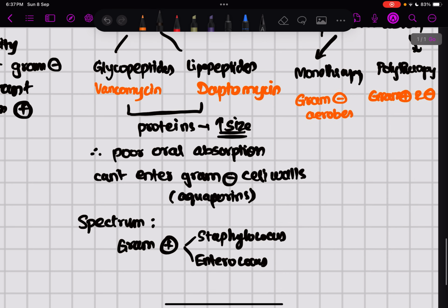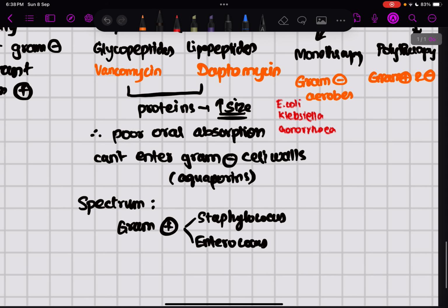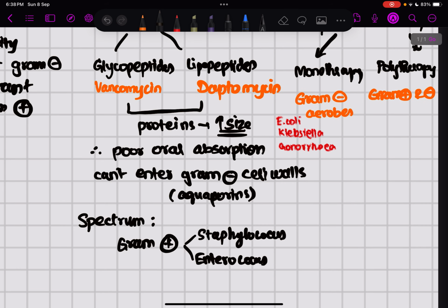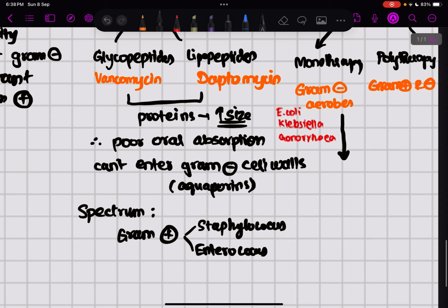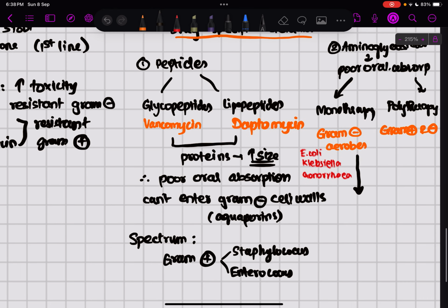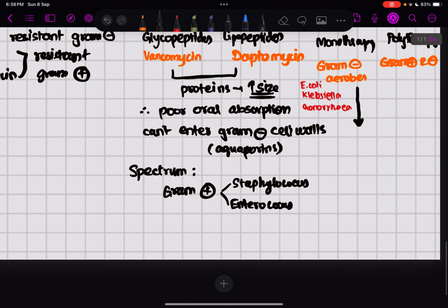Now, the gram negative aerobes are E. coli, Klebsiella, and gonorrhea. Why are they active only against gram-negative aerobes? Because these aminoglycosides do not enter the cell easily.